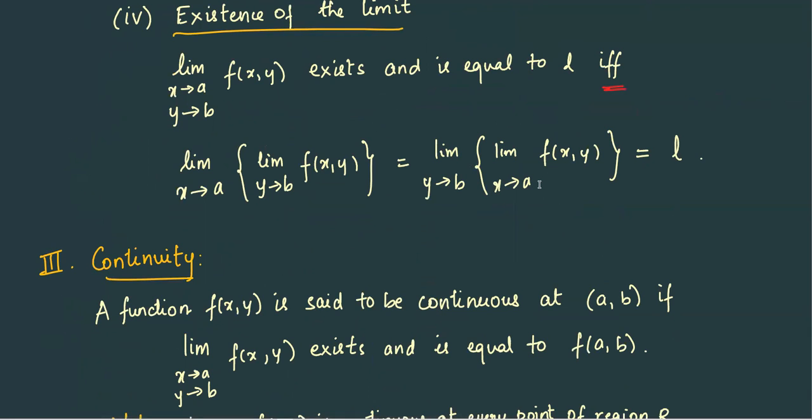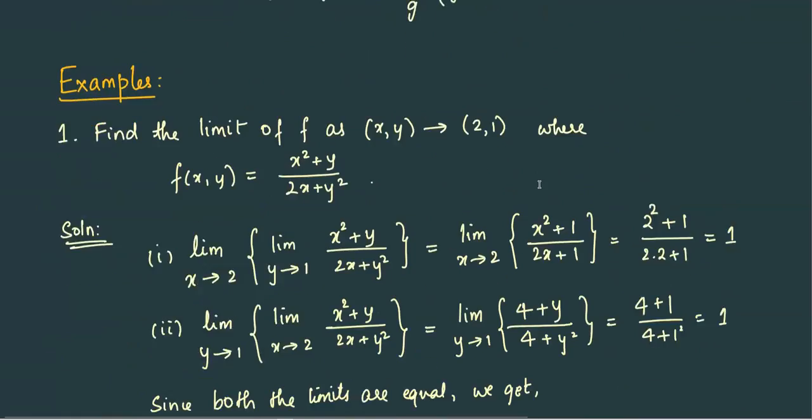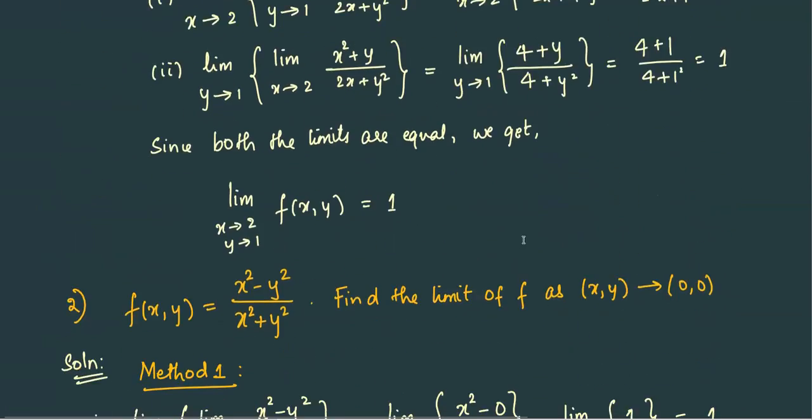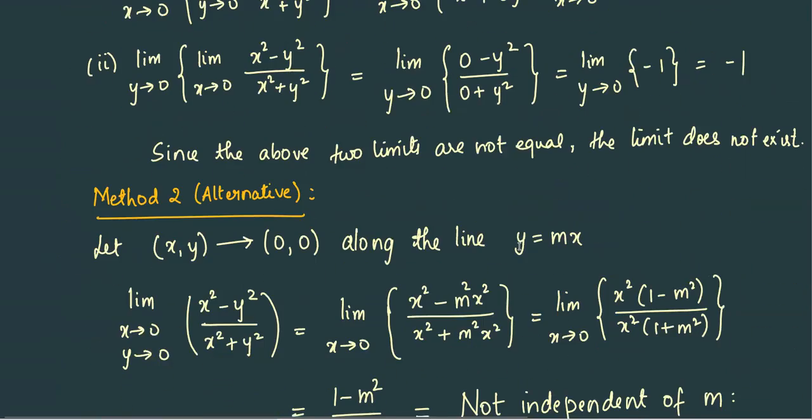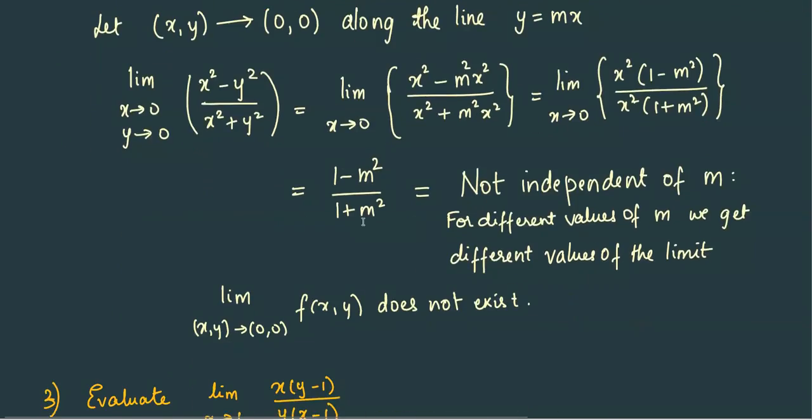And then continuity is if limit exists and is equal to the function value, then the function is continuous. So we discussed certain examples of how we chose a variable path, that is y equal to mx, and along y equal to mx, if the limit is independent of m, then limit converges.